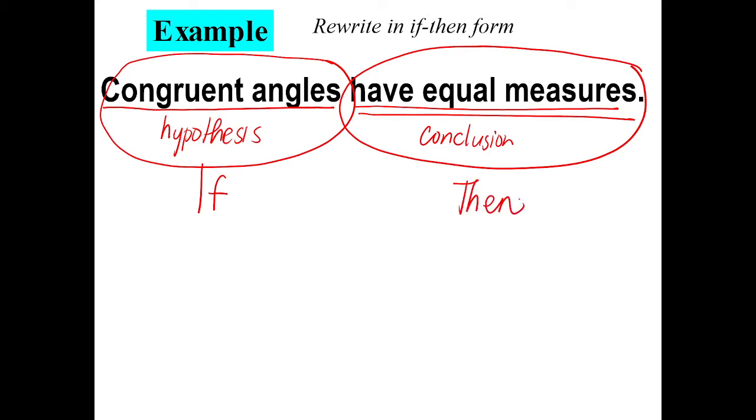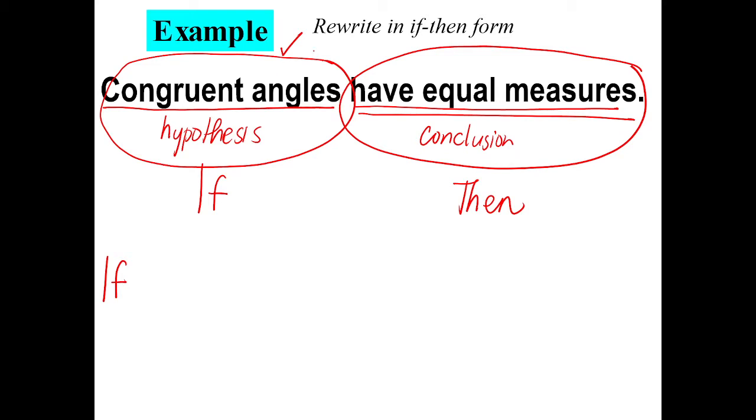So, unsaan man pag-state inyong sentence karon nga naanay if nya kini siya congruent angles nya then kini siya. Lain man sige mo ingon kag if congruent angles then have equal measures. That sentence is sayo pagka-construct. So, how do you construct your if-then statement ani correctly? Unsa may main subject nato?